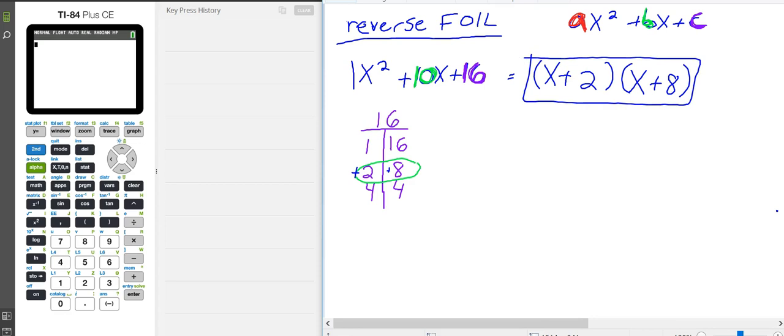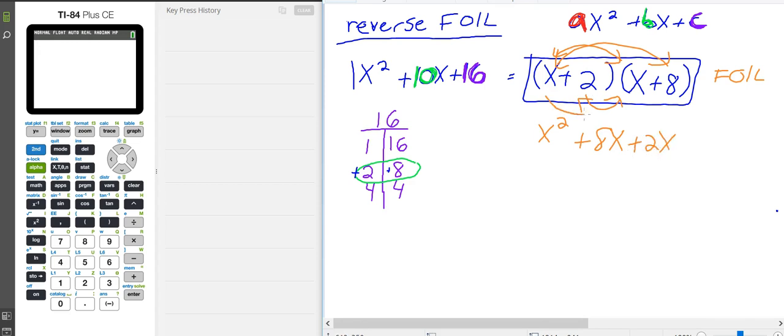Of course, we always want to check back by using FOIL to make sure that our new equation, x plus 2 times x plus 8, would be equal to our original expression. So first, x times x is x squared. Outer, x times 8 is 8x. Inner, 2 times x is 2x.